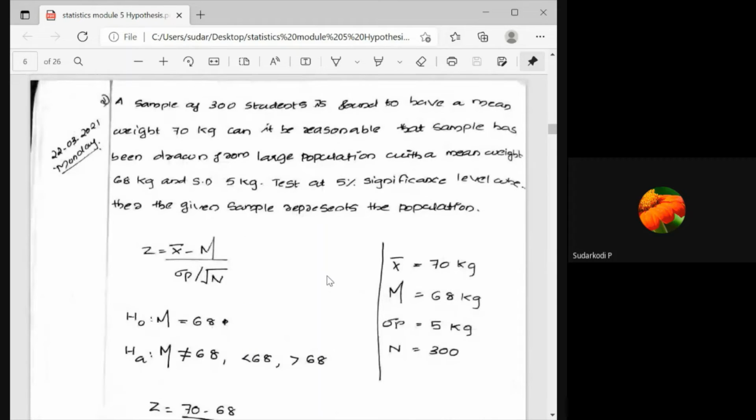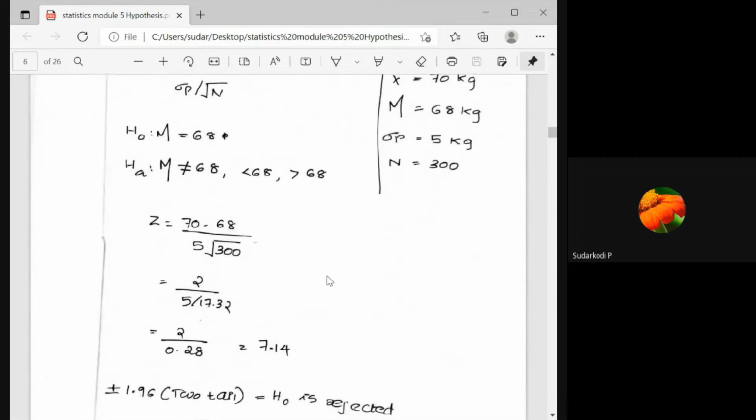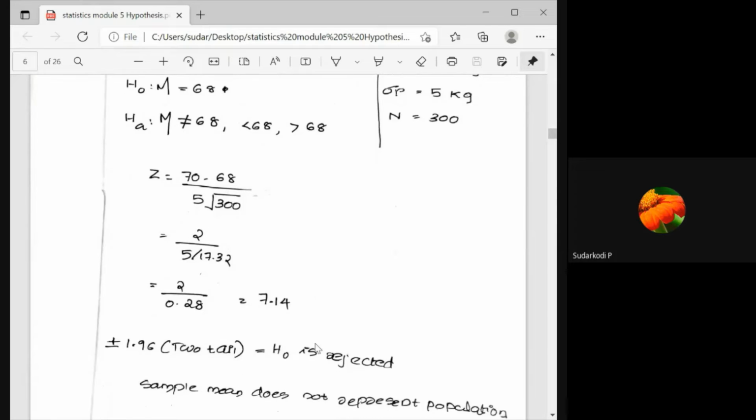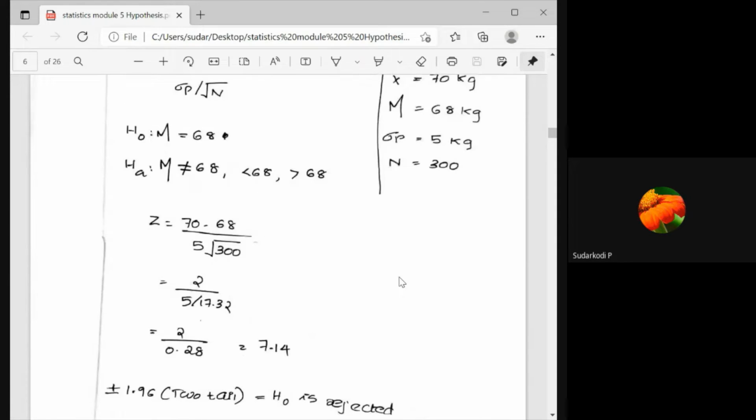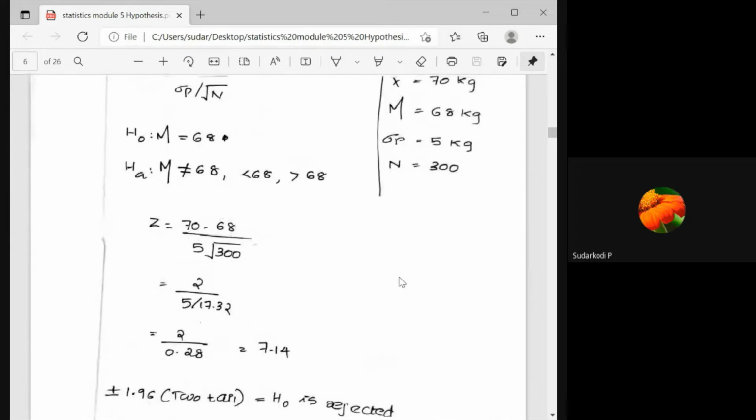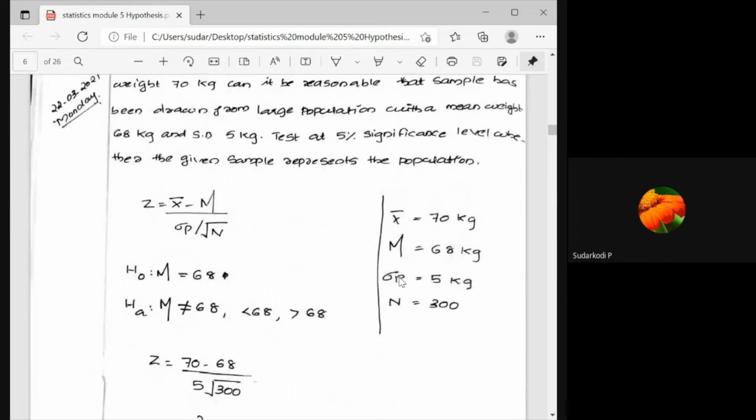Now, in the second sum, your answer does not lie between plus or minus 1.96, so you conclude that your sample does not represent the population. Your null hypothesis is rejected. Right? Understood? Hope you have noted down the second sum.